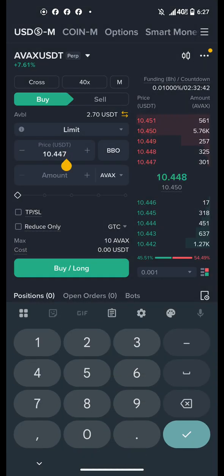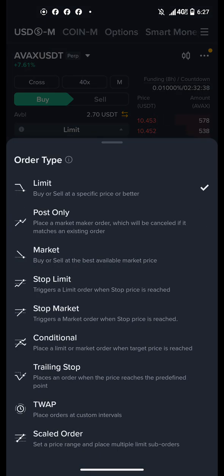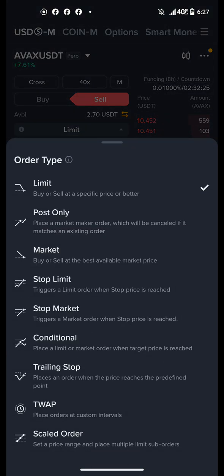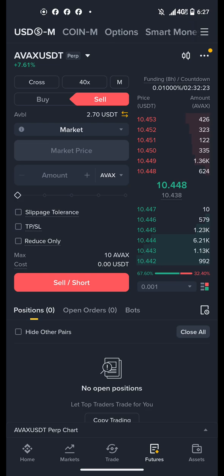You can see to be on limit, this buy limit, okay? Do you get that now? If you are on sell, this sell, same thing. So you can sell at current market price too. You understand? So that's it.